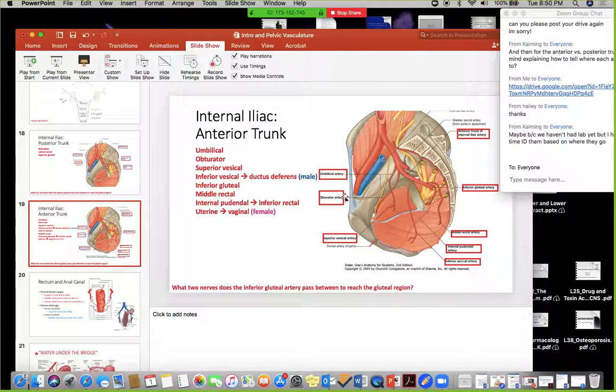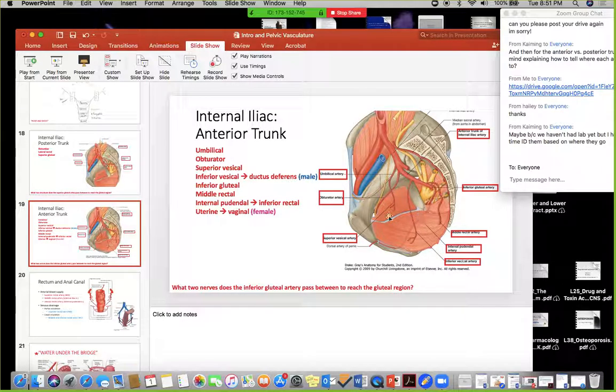And then off of the anterior trunk, we have the umbilical, which becomes the medial umbilical ligament. And then the obturator, which passes through the obturator foramen. The superior vesical artery supplies the bladder.